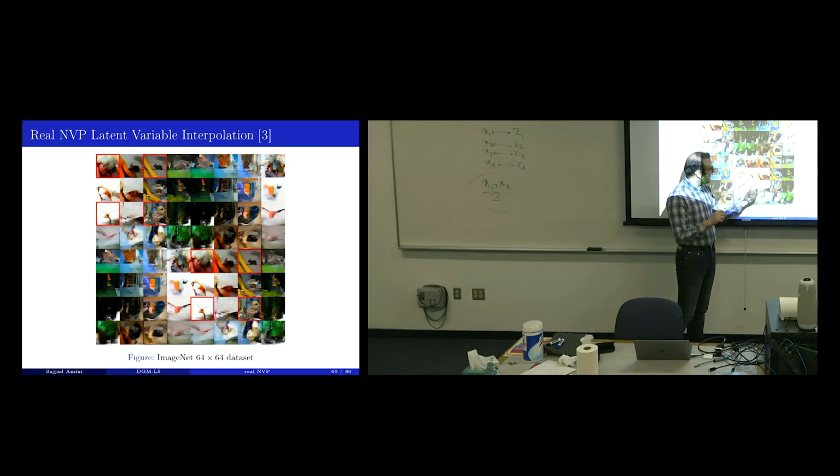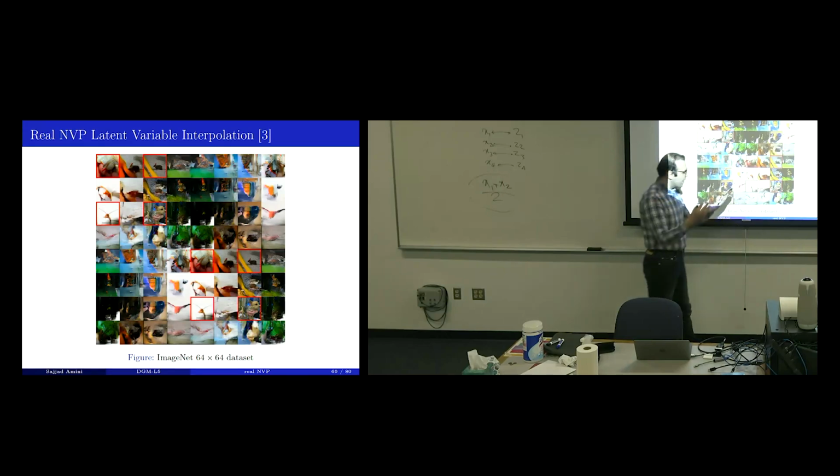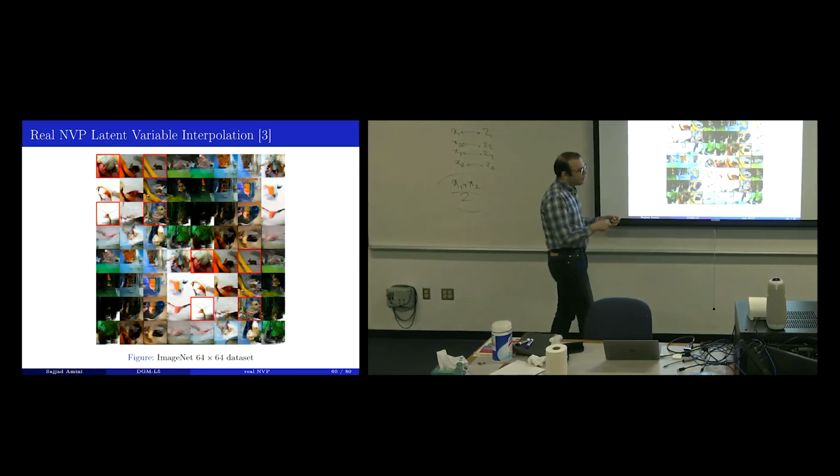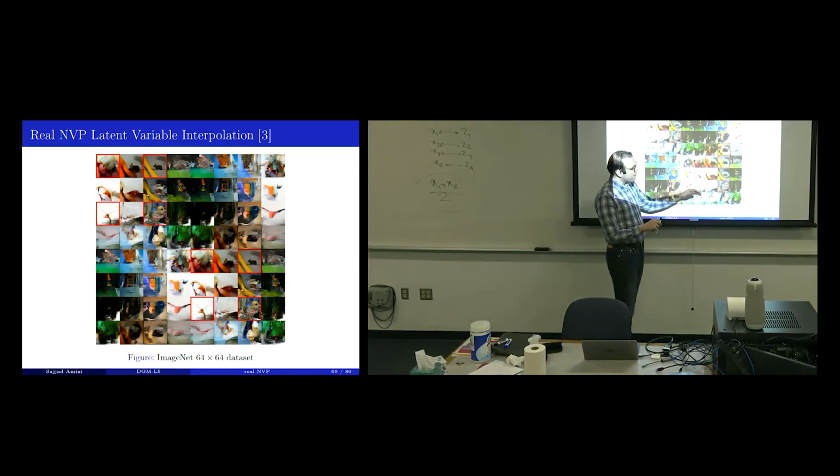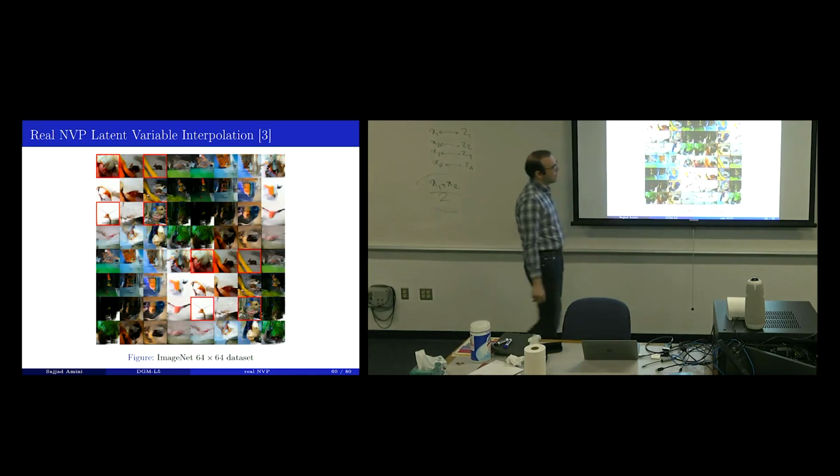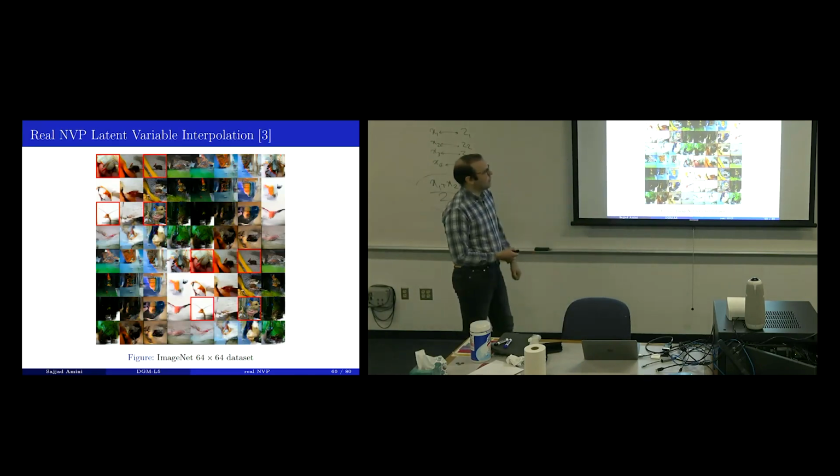If you interpolate the images themselves, you see something weird. But if you interpolate the latent space of those images and then come back to the observed space, you see something more understandable than interpolating the observed data itself.